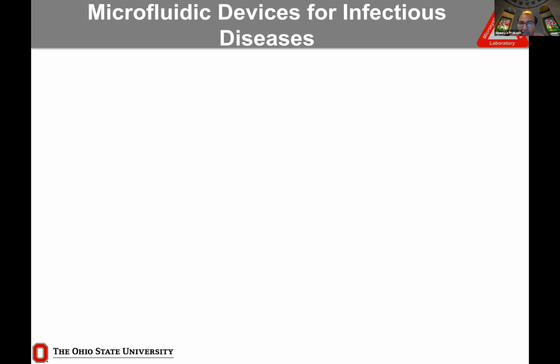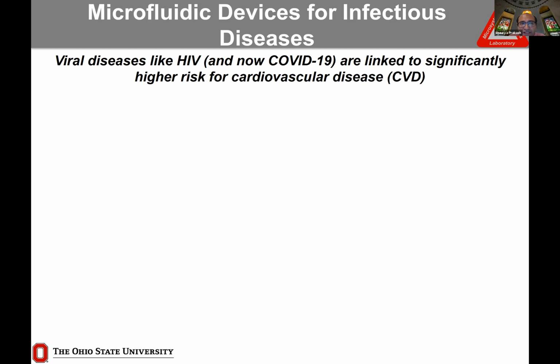This comes out of a different project in collaboration with John Song, looking at cardiovascular disease. But now we are developing these microfluidic devices to look at viral vectors. Specifically, we are looking at how viral vectors can impact the risk for cardiovascular disease.